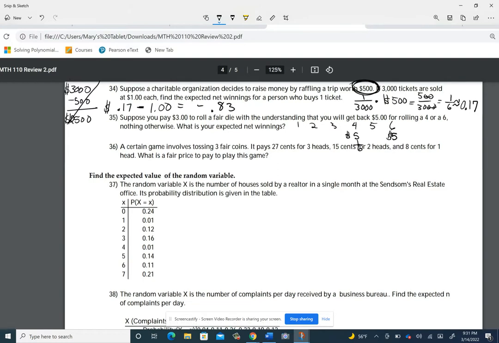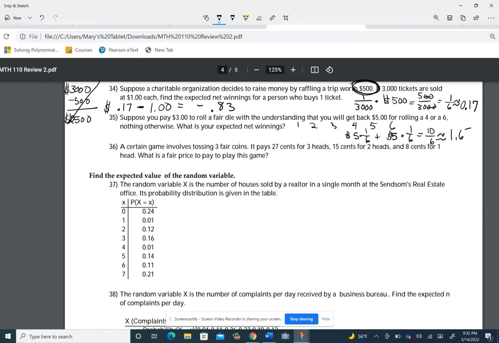So I would multiply 5 times a sixth plus 5 times another sixth. That gives me 5 sixths plus 5 sixths is 10 sixths.